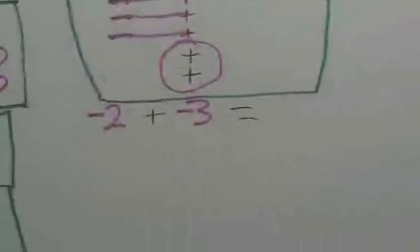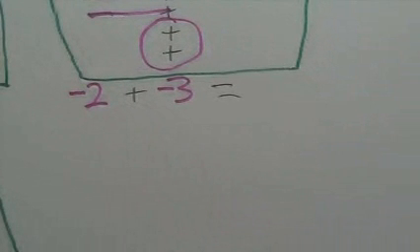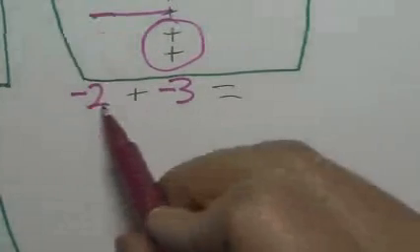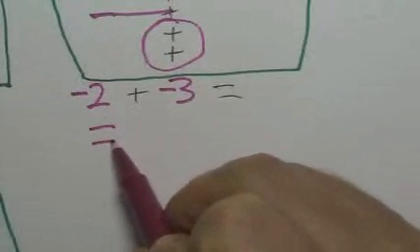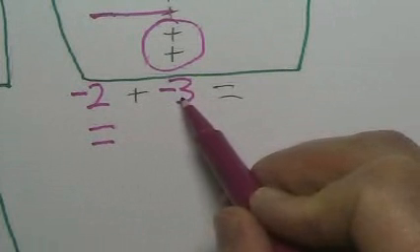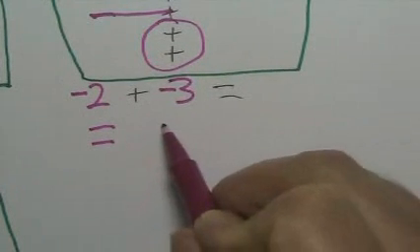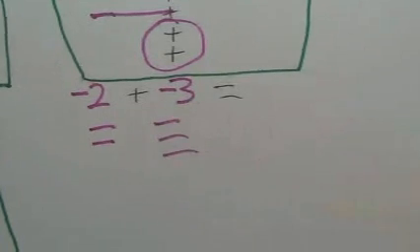Here's the next example. Negative 2 and negative 3. So let's see, I have 2 negatives, 1, 2, and I have 3 more negatives. So I'll just put them right here. 1, 2, 3.